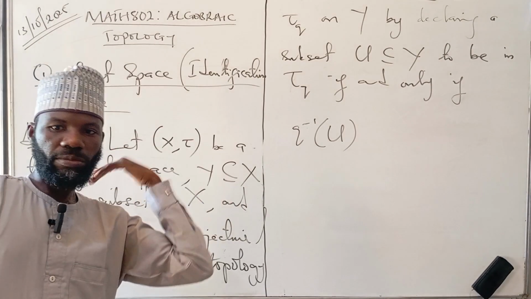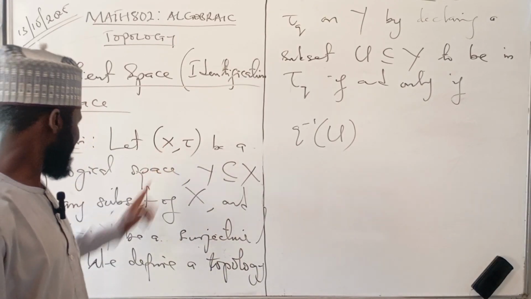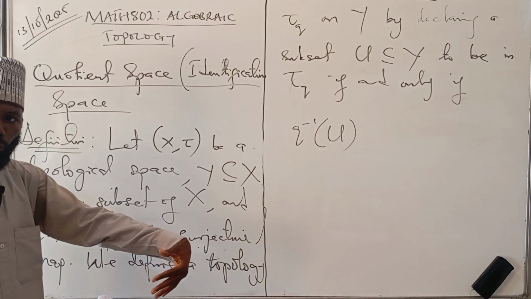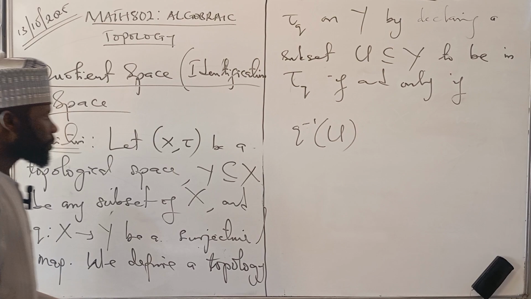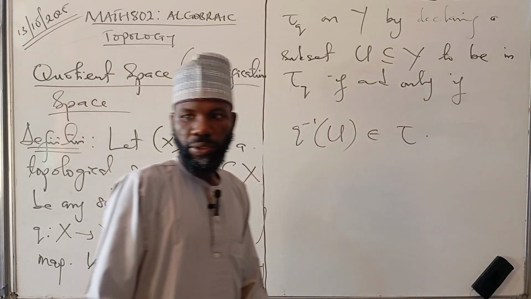That is the inverse image, the pre-image: the set of all those elements in X that are mapped into U by Q. So if and only if this is a member of the topology of the original space.